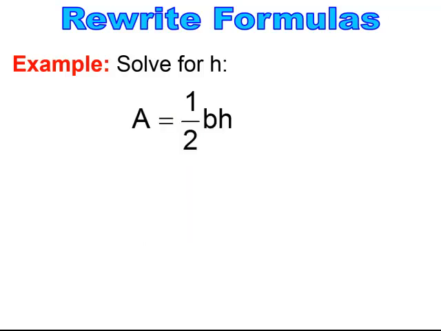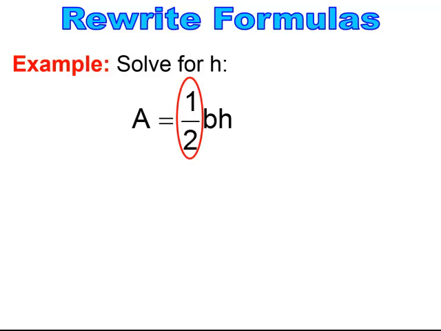This next example, we're asked to solve for h, and we have a couple things going on here. I have a fraction and a variable attached to h. So whenever you have a fraction being multiplied to the variable, you want to remove that first by multiplying both sides by the reciprocal.